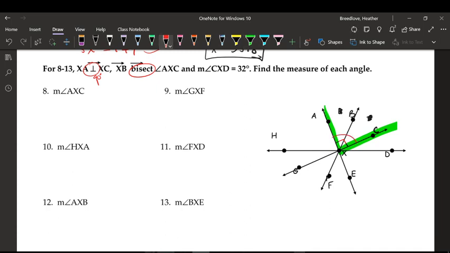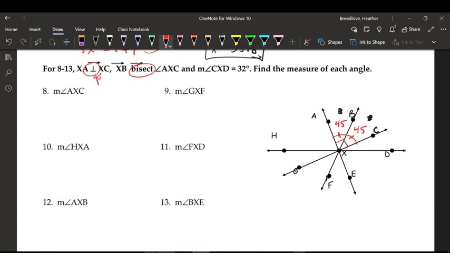So I could label that in my picture by drawing a line and then putting the two sections on it. But because I already know that angle measure, because of the last thing I labeled, what's the measure of each? 45. 45 degrees. So I can put this as 45 and this is 45. Okay.